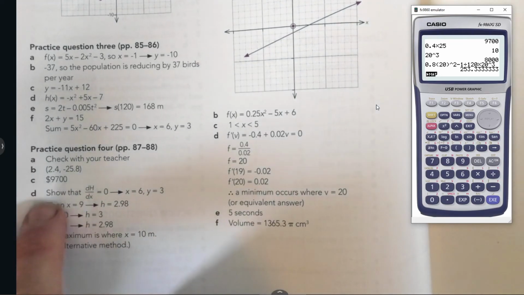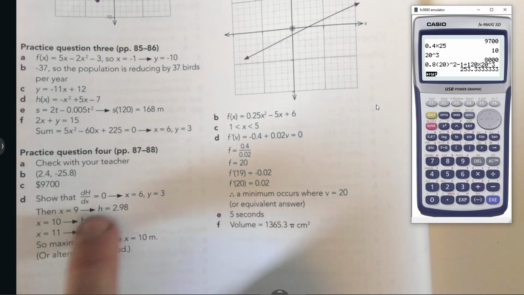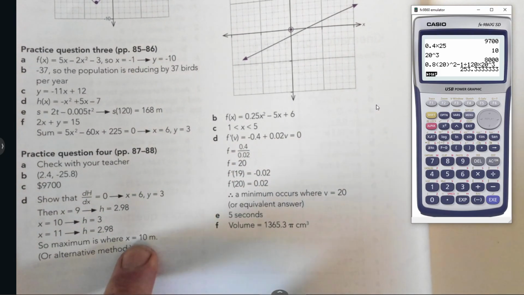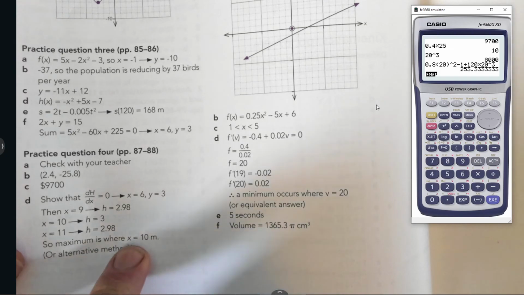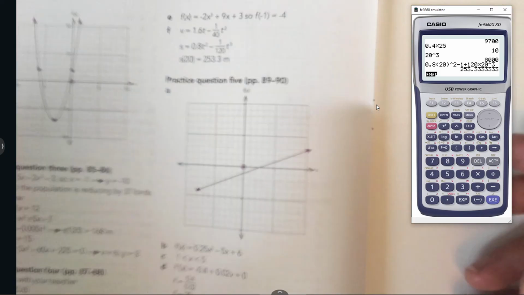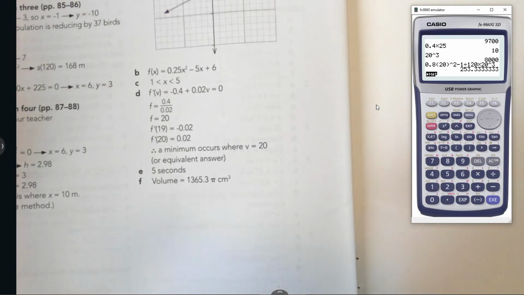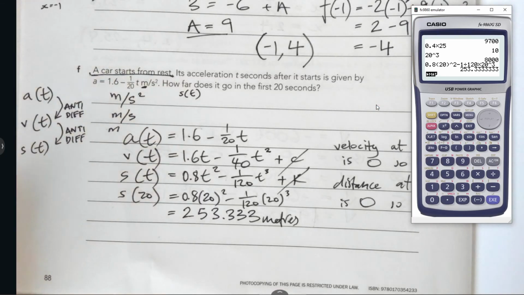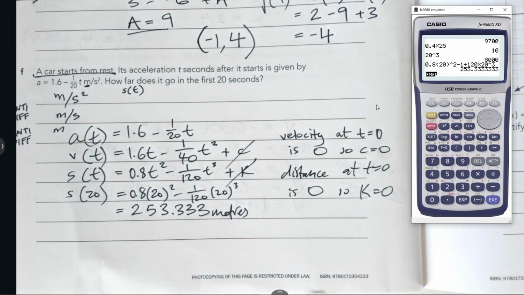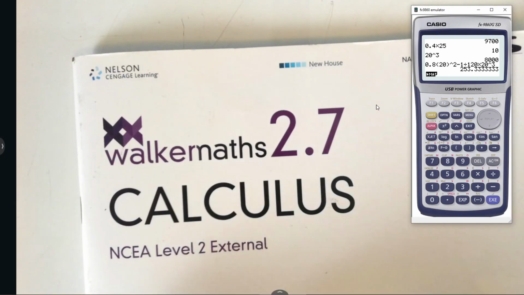Ooh. X equals 10 meters. Ugh, I don't know. This one here, f of -1 equals -4. Yes, -1, -4. Cool. And then the final one is 253.3. Yep, that's what we got. Cool. So yeah, that's the full walkthrough of practice question 4 from the Walkermaths calculus book.